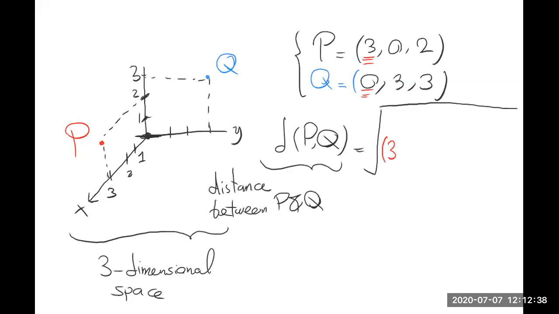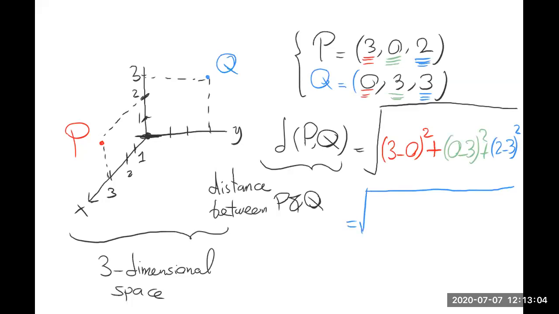So it would be 3 minus 0 squared plus. It also doesn't matter if you subtract the first from the second or the second from the first, you would get the same thing. And then I have 0 and 3, so it would be 0 minus 3 squared. And then I should do the same thing with the last coordinate, 2 minus 3 squared.